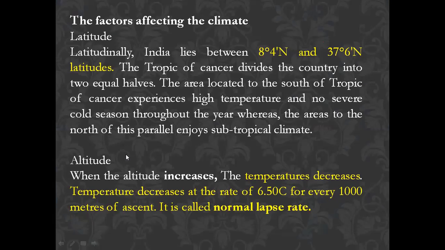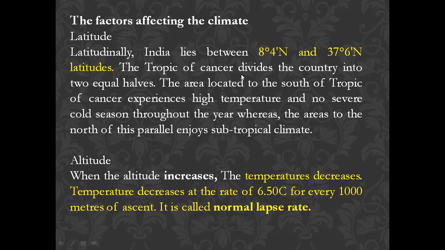The next concept is the factors affecting the climate. The main factors which affect India's climate are latitude, altitude, distance from the sea, monsoon wind, jet streams, and relief. These are the factors which affect the climate of India and the entire world. India lies between 8 degrees 4 minutes north and 37 degrees 6 minutes northern latitude.